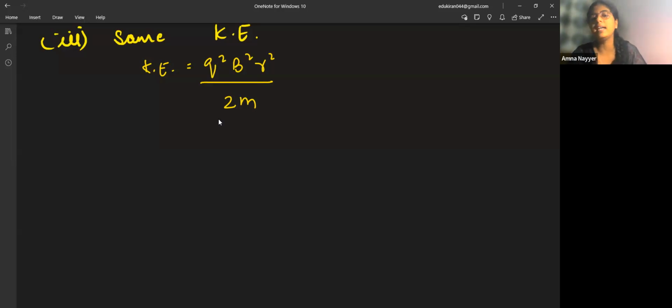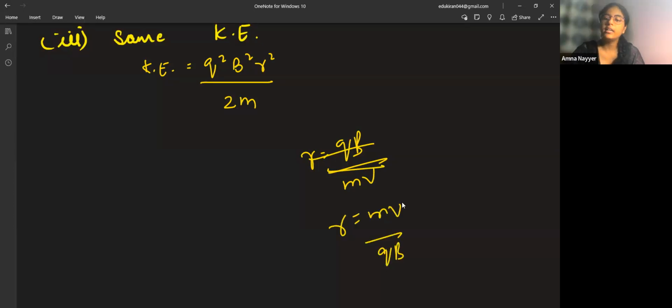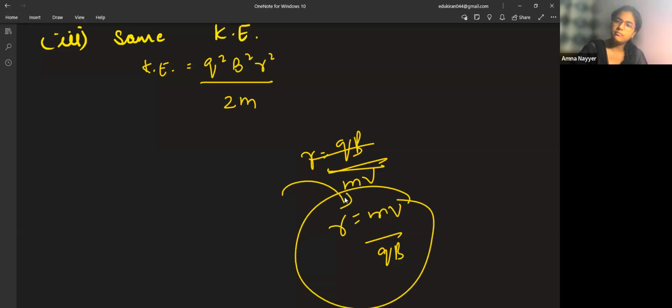Let's find out the radius, because ultimately we have to find the radius. If we use R is equal to MV by QB, will we get kinetic energy in any way from here? We are not getting kinetic energy from here. Otherwise, you would have to take half and multiply by another velocity. From where will you do that? It is just MV by QB here, so this formula is not valid.